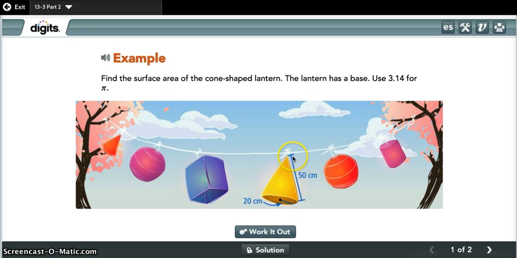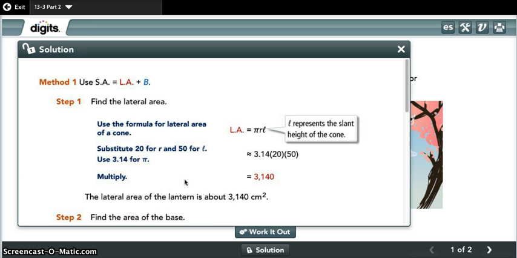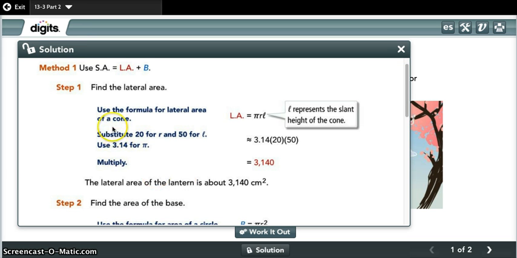Okay, so here's this cone-shaped lantern, and all this is taking the measurements and plugging them in to find the surface area. So I'm actually not going to do it. I'm going to pull this up so you can see it. We'll talk it through, but I want to get to one where we have to find the slant height because that's where it gets a little bit tricky.